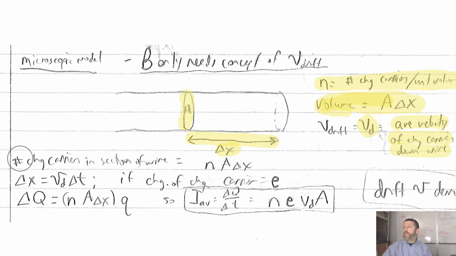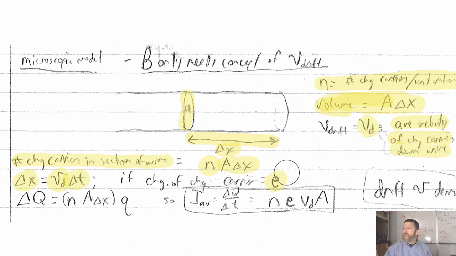Now, to figure out the number of charge carriers in any section of wire like this section right here, all you've got to do is multiply the number of charge carriers per unit volume by the volume. So that gives you the number of charge carriers. Now, charges go from here to there in some time delta t. The distance that they travel is the drift velocity, again very slow, times delta t.